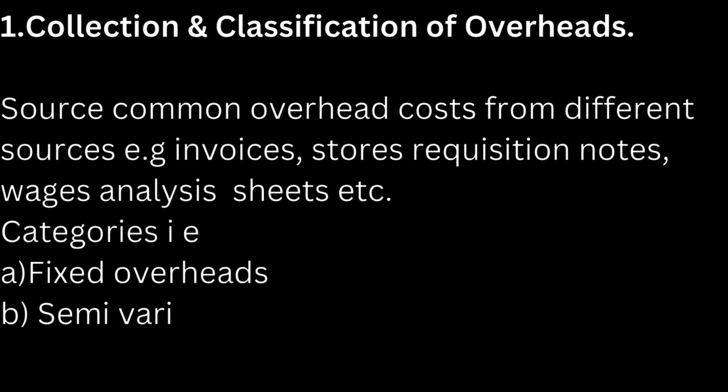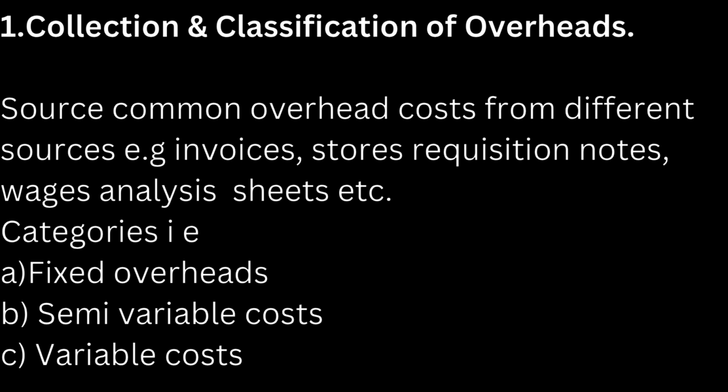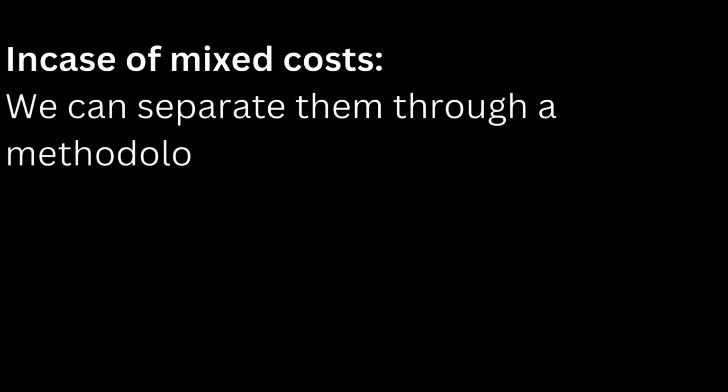The collected overhead costs are grouped into different categories for better analysis. For example, you can group them into fixed overheads, semi-variable costs, and variable costs. But in case of mixed costs, because sometimes we have mixed costs, it's difficult to segregate the variable costs from fixed costs.